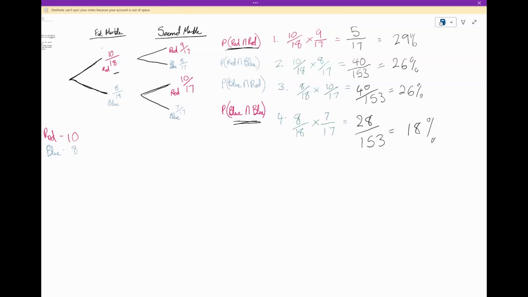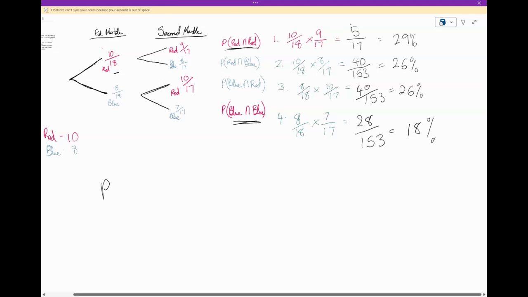So how then do we calculate this? We're saying, what is the probability that both selected marbles are the same color? So there are two potential outcomes where we have the same color, isn't it? So then, what must we do?